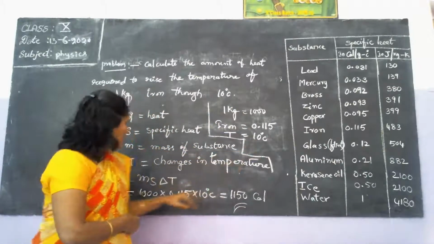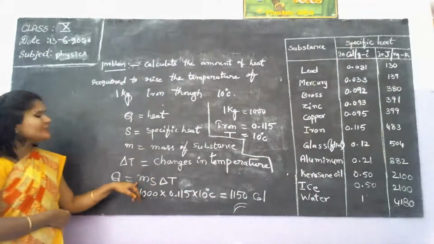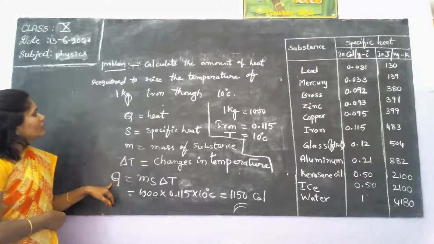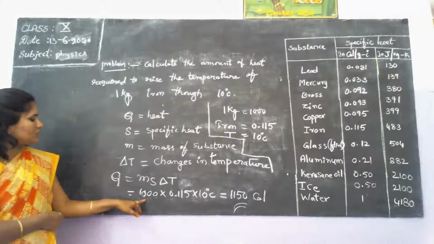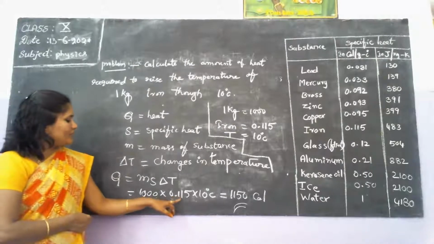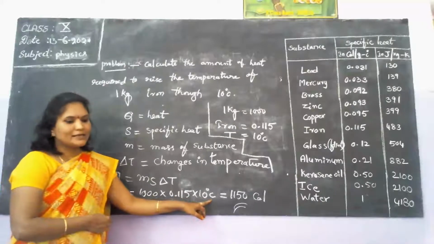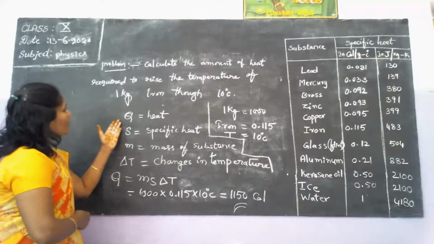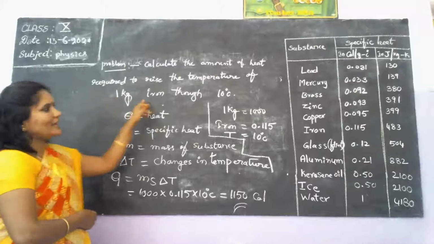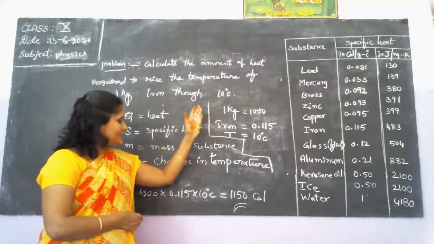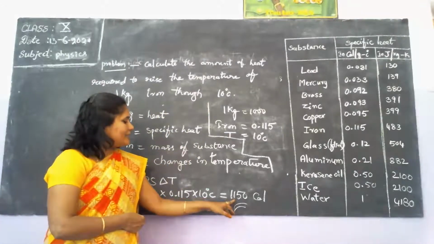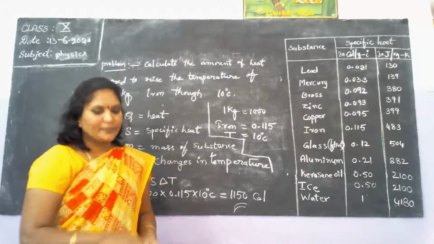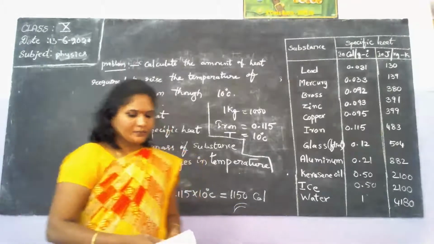So 1000 into 0.115 into 10 degrees Celsius. Finally, to raise the 1 kg iron by 10 degrees Celsius, we need 1150 calories. Okay.